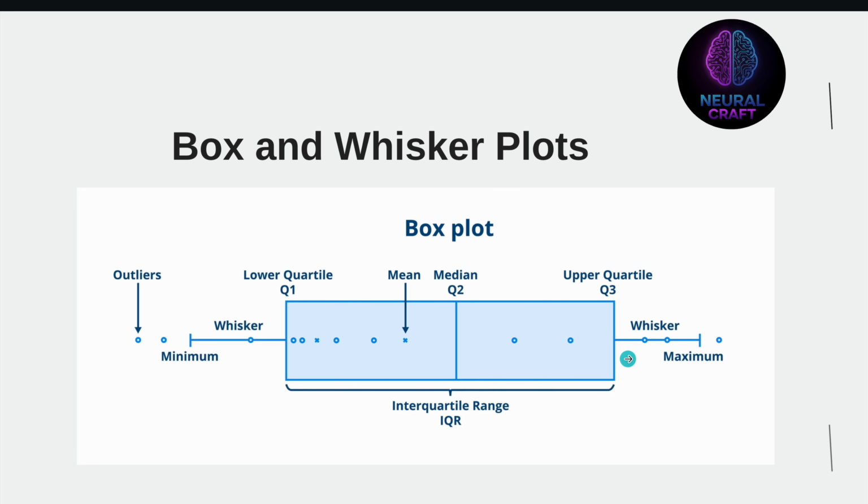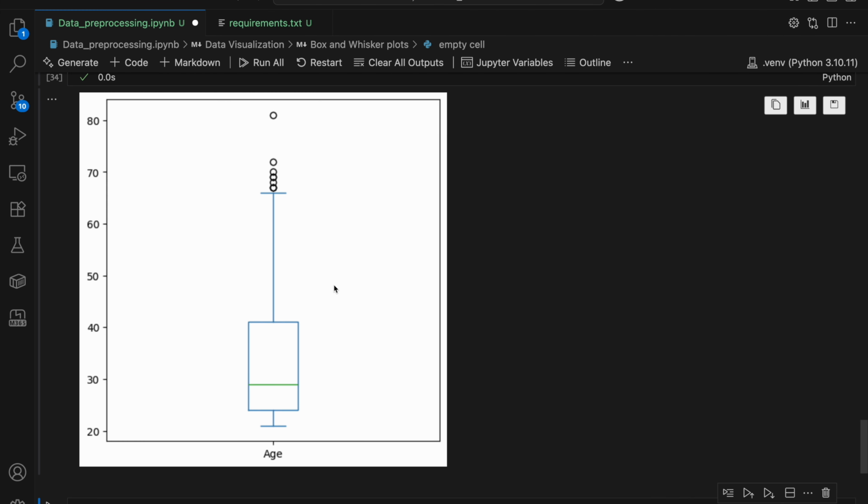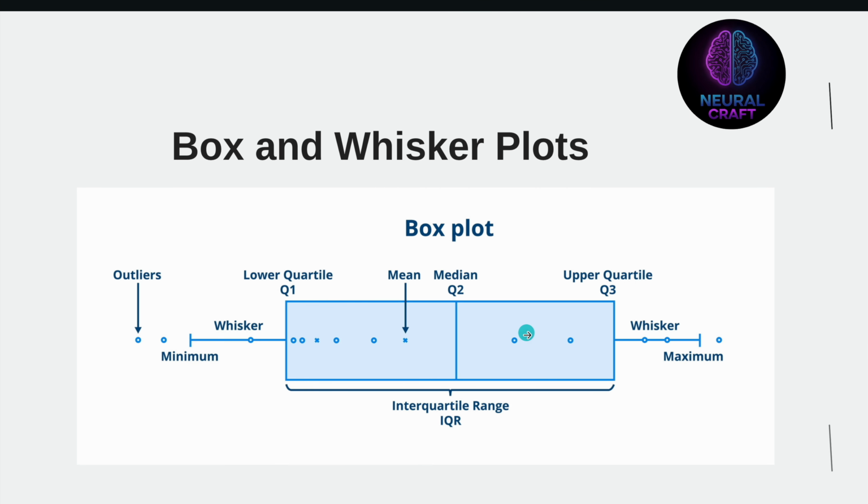You can understand the skewness, also the distribution, and where your percentiles lie for each and every attribute. So here you can see this is our median line. One more thing: when our median line lies closer to Q1, then our data is positively skewed because our median is lying towards the lower side.